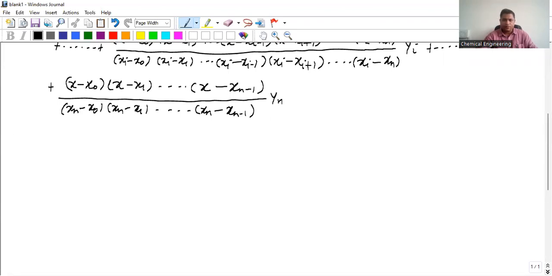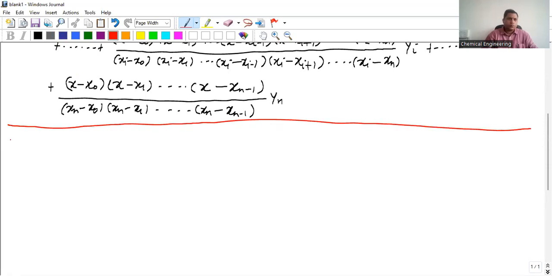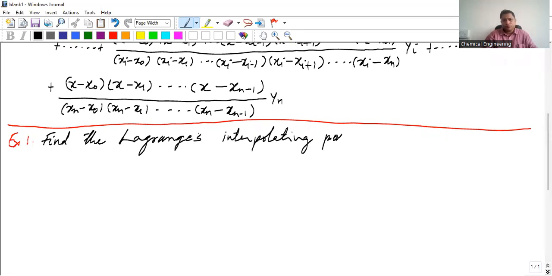Let us see the example. Find the Lagrange's interpolating polynomial for the following data.